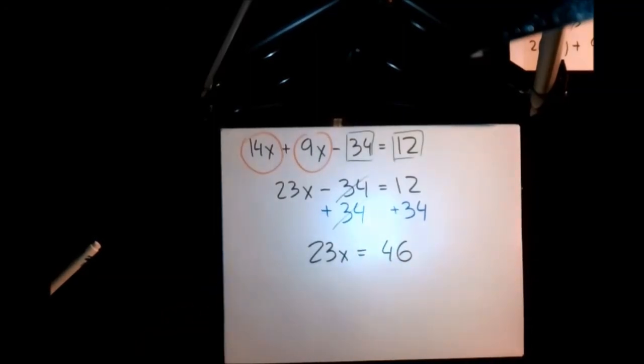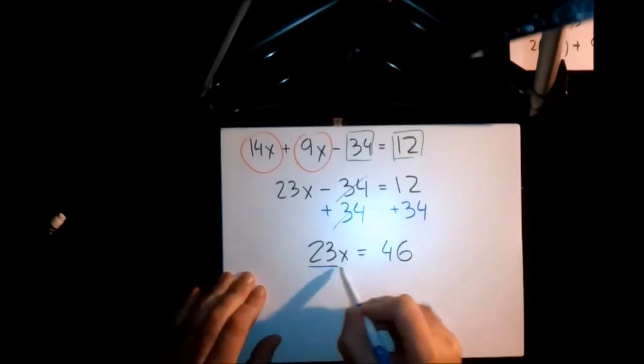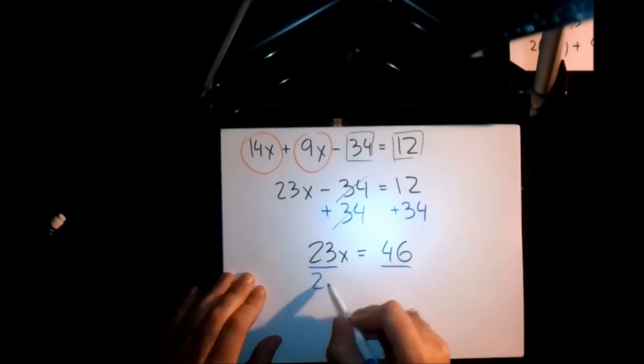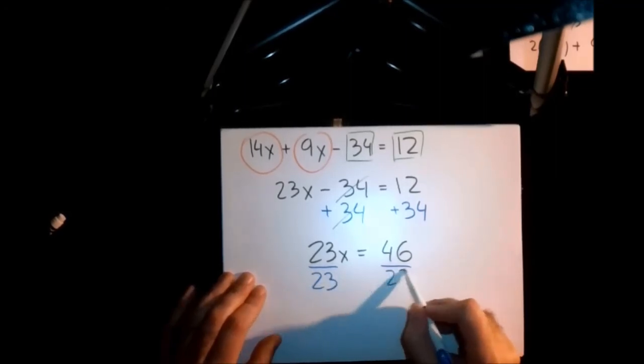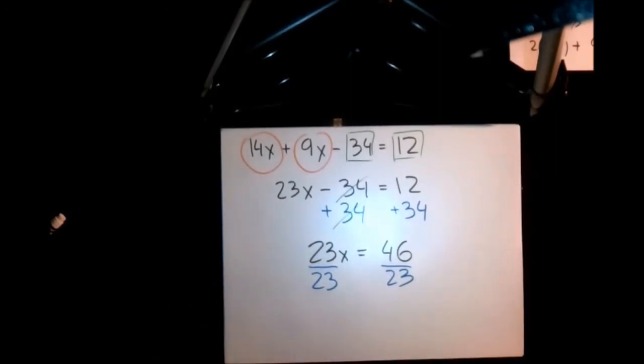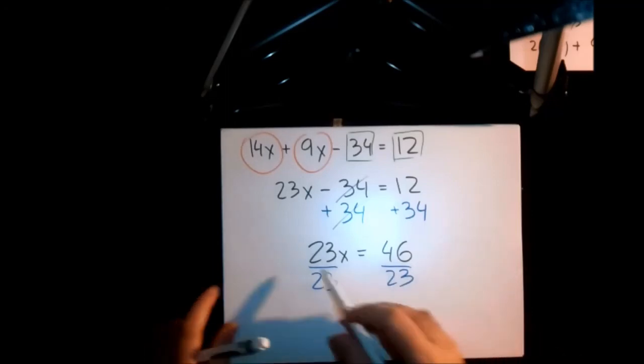All righty. Last step, single step equation now. I need to get rid of this 23. It's being multiplied onto the x. What's the opposite of multiplied by 23? Divide by 23. Both sides, please. To keep everything nice and even. All righty, home stretch here.